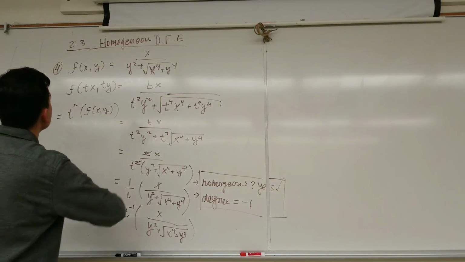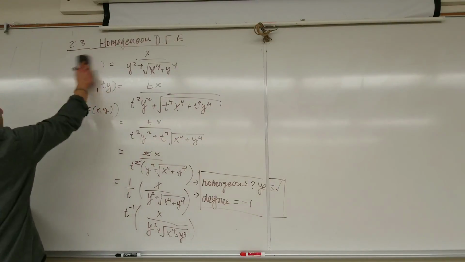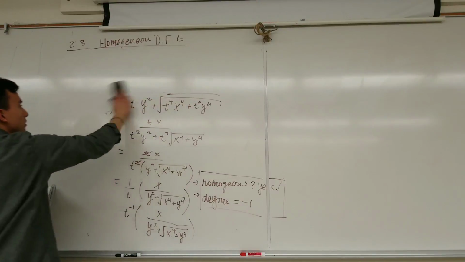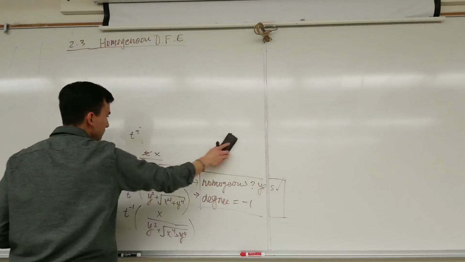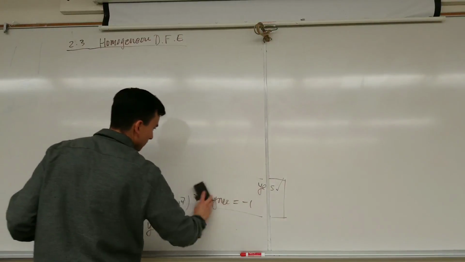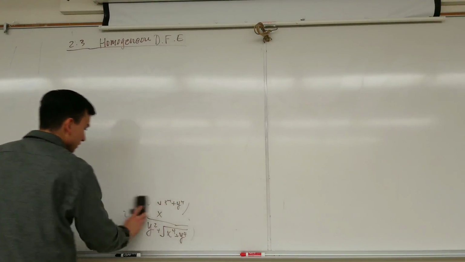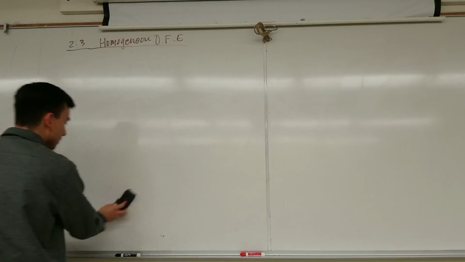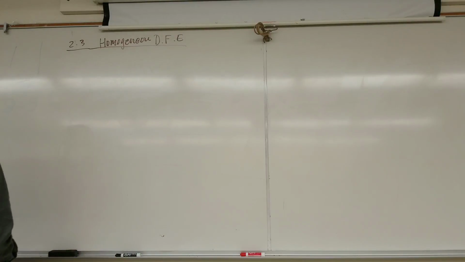Okay, so let's make this interesting and do a problem where it's not going to be homogeneous. So, spoiler alert, it's not going to be homogeneous. It's good to see what that looks like.